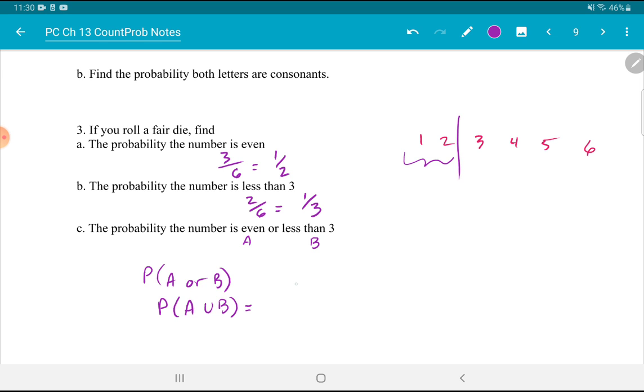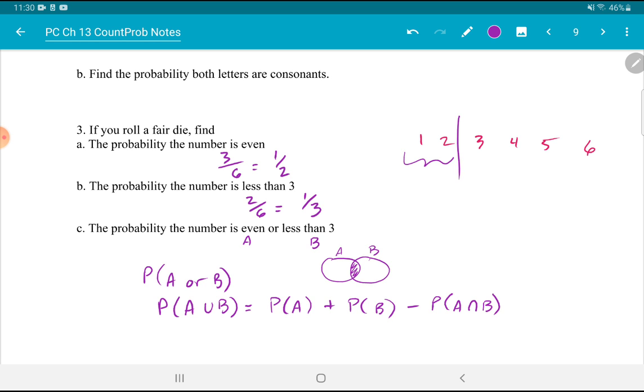Based on Venn diagrams, that's the same as taking the probability of A, and then we combine that with the probability of B. If you remember our Venn diagrams, we have probability of A plus the probability of B, but we accounted for that intersection 2 times. So what we want to do is take away the probability of A intersect B.